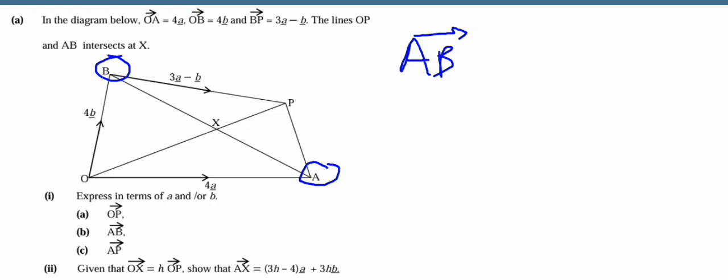Now I'm saying that when finding any vector, you need to choose the routes which have vectors.